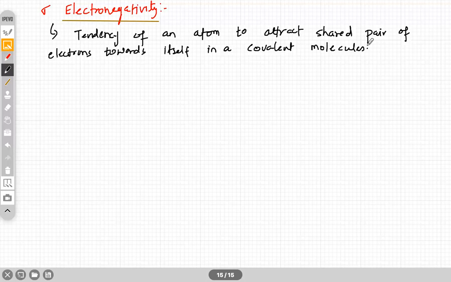Right? In a covalent molecule. I guess you already have a little bit of idea for electronegativity.